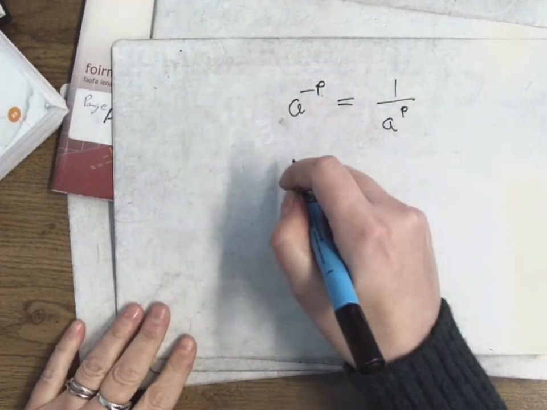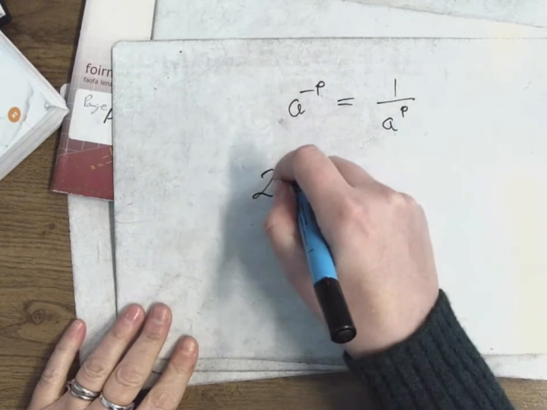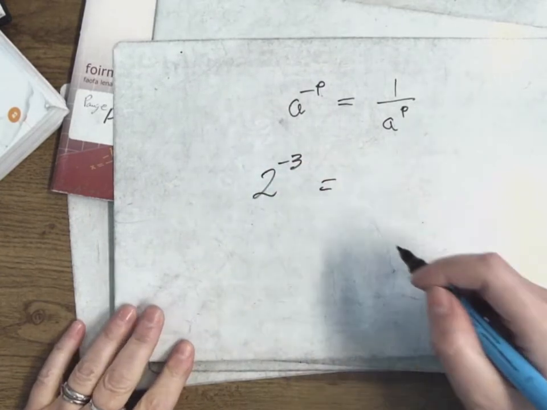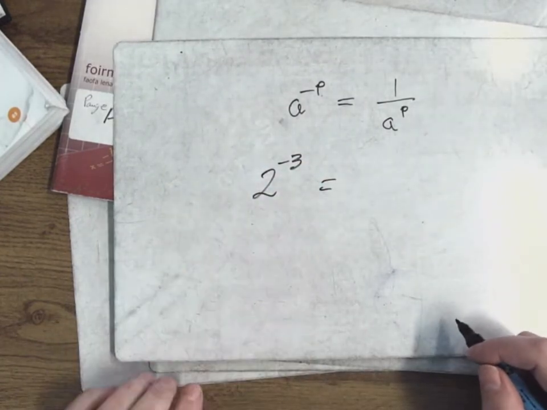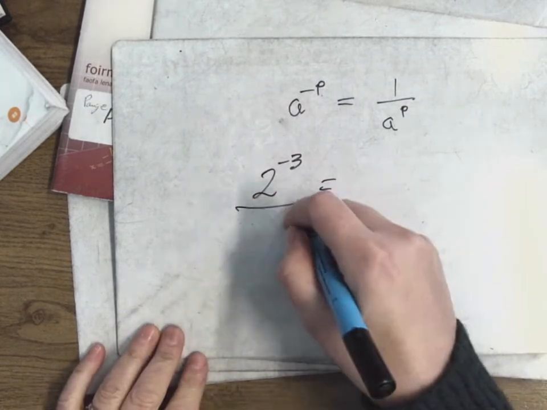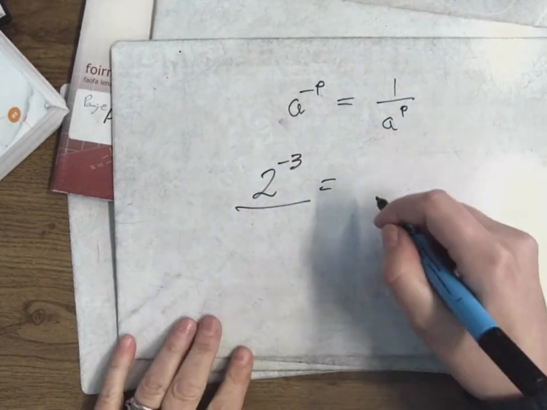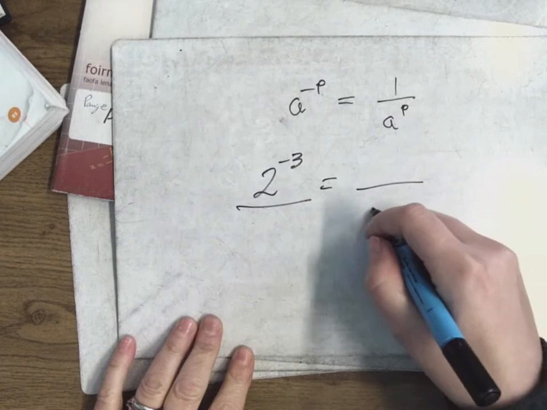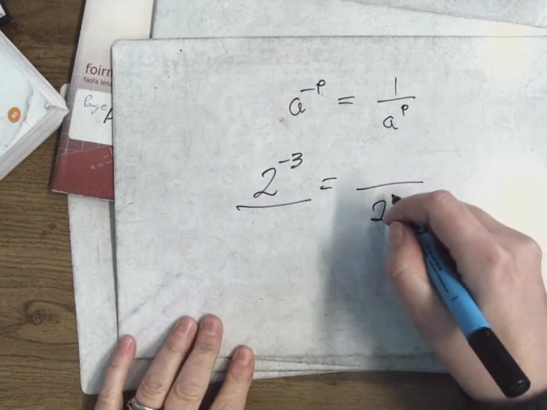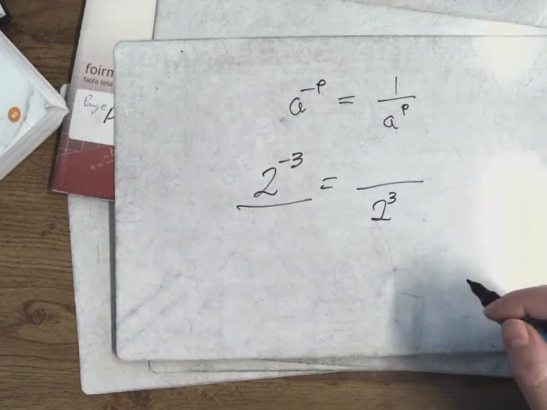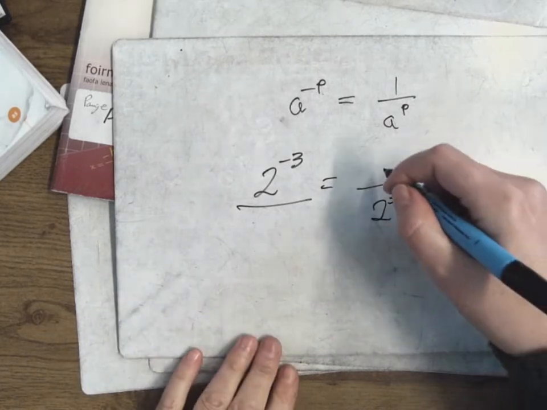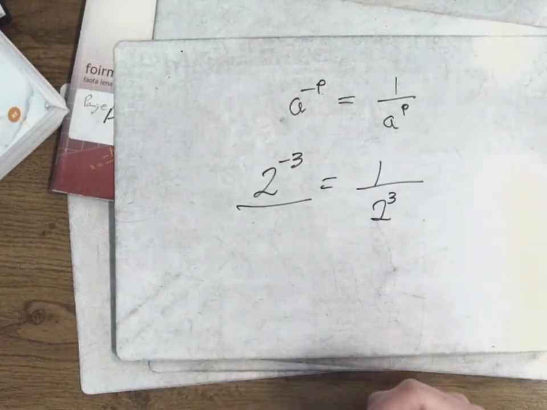So what that means is 2 to the power minus 3. Is that upstairs or downstairs? It's upstairs. If there's nothing, it's upstairs. So what you can do is bring it downstairs and make it 2 to the power of 3. Now there's nothing upstairs. I can't have nothing upstairs, so what will I do? 1. Every time there's nothing, it's 1.